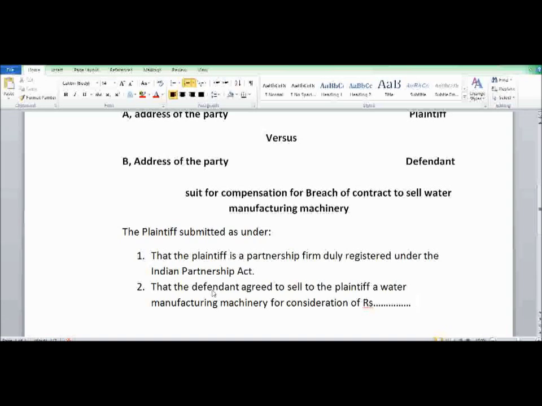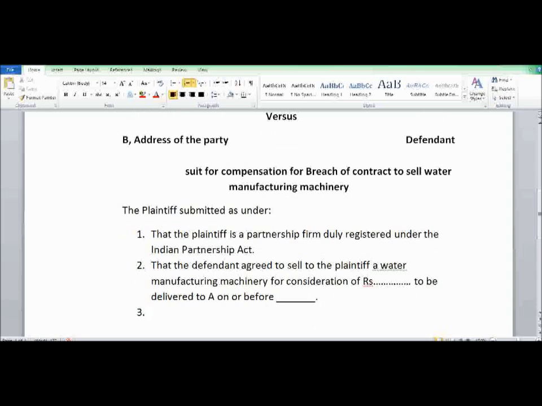So here we have written manufacturing machinery for consideration of rupees so much, to be delivered to A on or before the date, which has been decided between the parties.